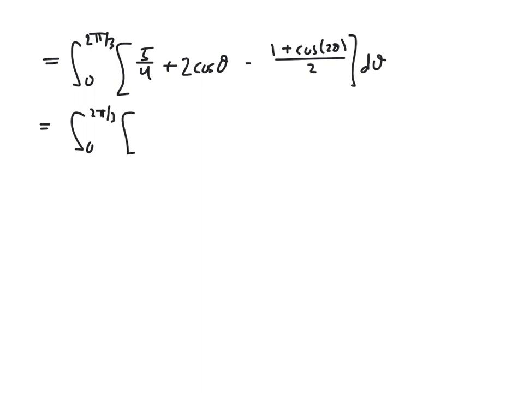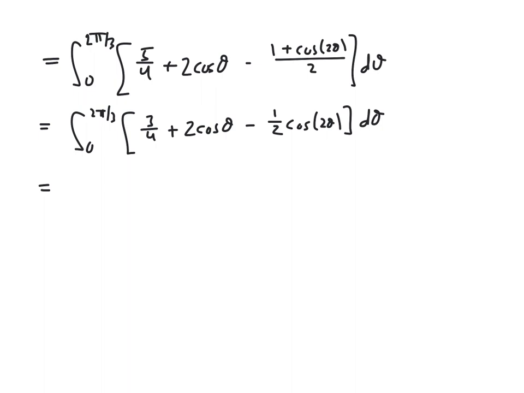We're almost at the point where we can integrate. I'm going to subtract off the 1/2, so we end up with 3/4 plus 2 cosine theta minus 1/2 cosine 2 theta. Now everything in sight is easily anti-differentiable in terms of theta.